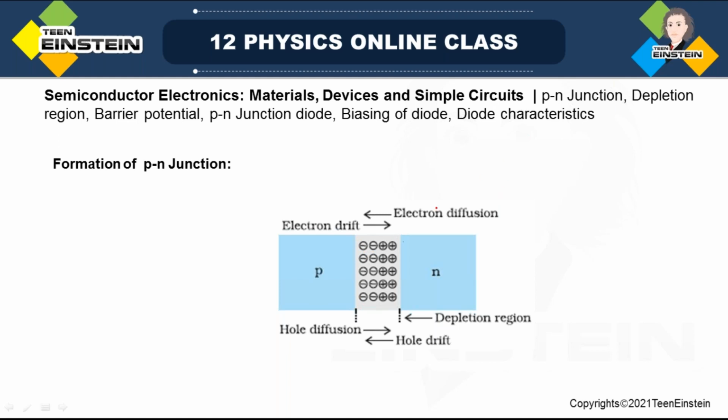So the negative ions are acceptor ions, and the positive ones are donor ions.